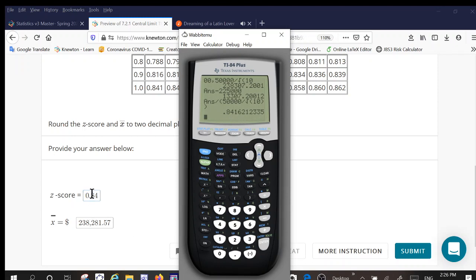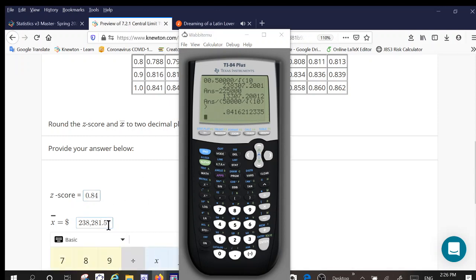The z-score that we get is the same, right? It's a little bit off, but with 2 decimal places it's the same. But the answer is a little bit off. So if you put the answer here that you get and it counts it wrong, then just don't worry about it. Just email me and I'll adjust your grade for it.